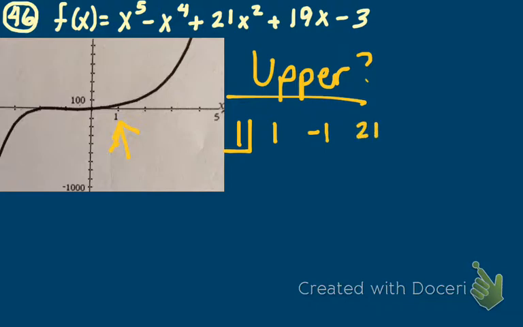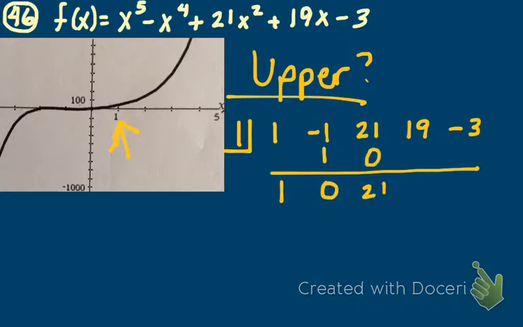21, 19, and -3. Put your bar, 1 down, multiply by 1, that's 1, that gives you 0. Multiply up, that gives you 0. Add, you get 21. Multiply, you get 21 plus 19, which is 40. Multiply up, you get 40. And add, and you get 37.